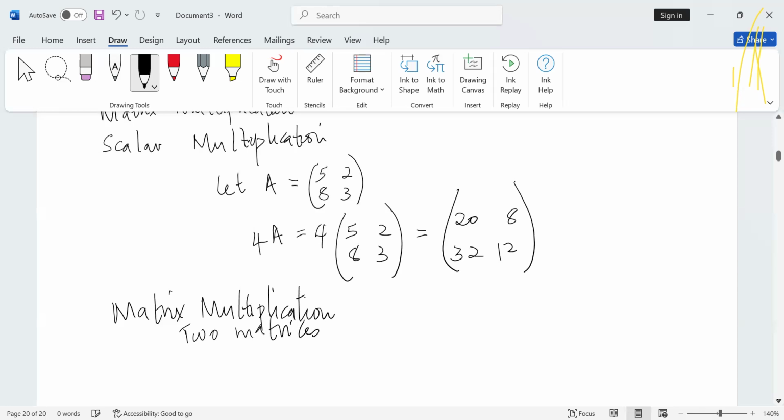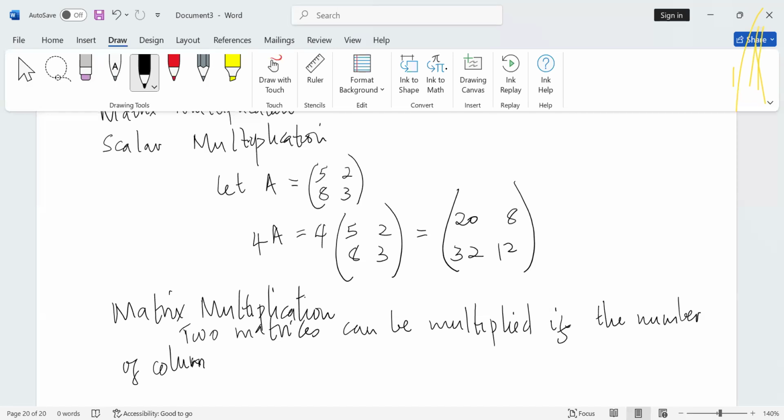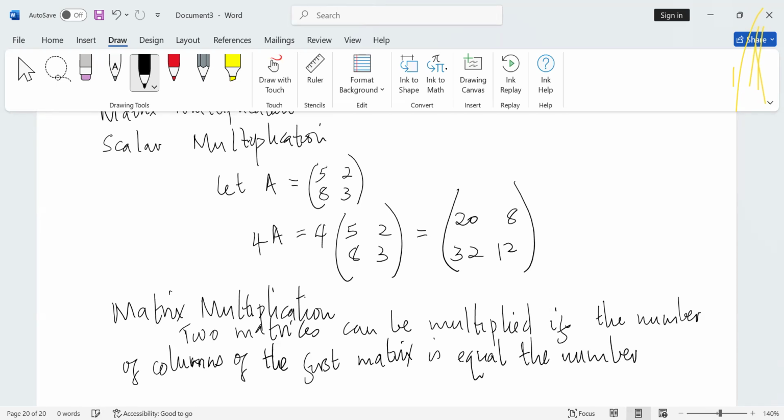Two matrices can be multiplied if the number of columns of the first matrix is equal to the number of rows of the second matrix.